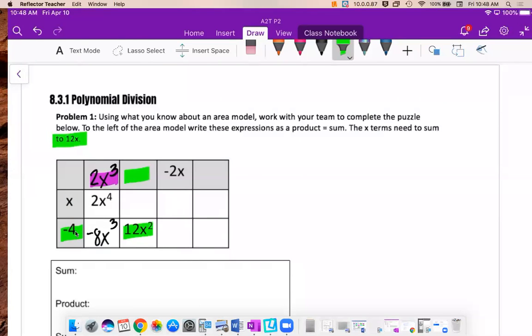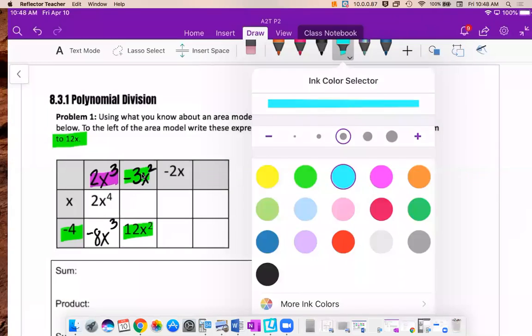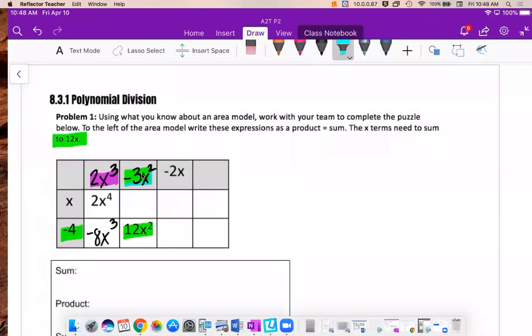So I need to multiply -4 by a -3 to get a +12. So I know this definitely needs to be -3. And then I need an x squared, so this has to be an x squared up here as well. So now that I've got that box, I can do this -3x times this x to get this box. So this would be -3x cubed.